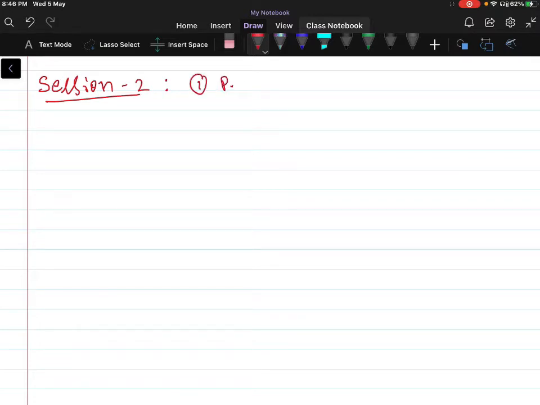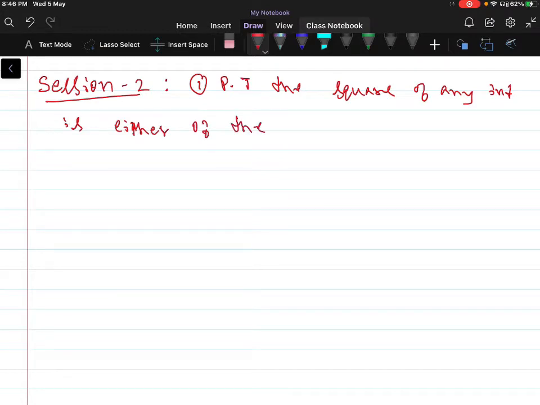Prove that the square of any integer is either of the form 3k or 3k plus 1.